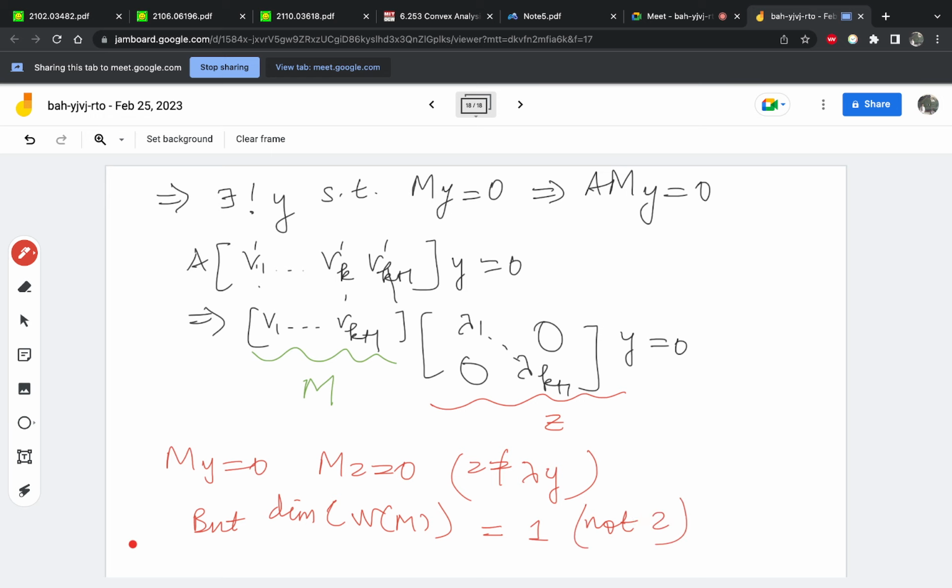So this is a contradiction. So this implies the eigenvectors of A are linearly independent.